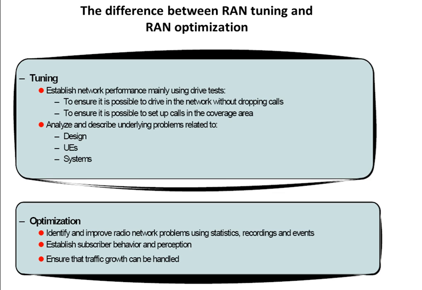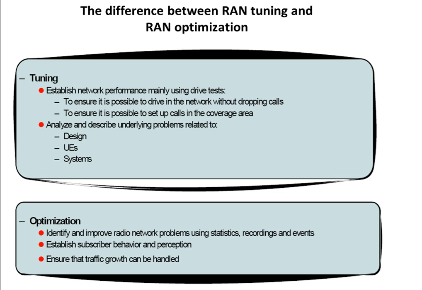Whereas in the optimization process, we try to identify and improve the radio network related problems using the statistics, recordings, and various events which are captured with the help of various counters as a part of the performance management system, which could be inbuilt within the OSS or the NMS.